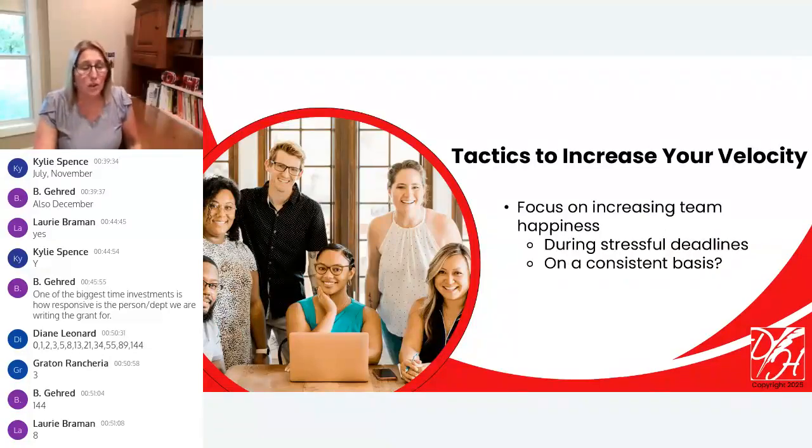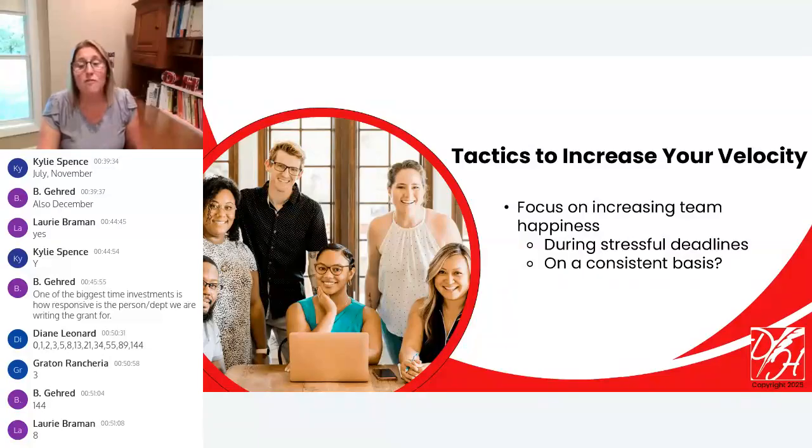We might also consider how to make our team happier. And it's not only about at deadline time, but how can we make it so that our team is happier with their role as it relates to grants? Team happiness, according to the case studies, is a leading indicator of team performance.